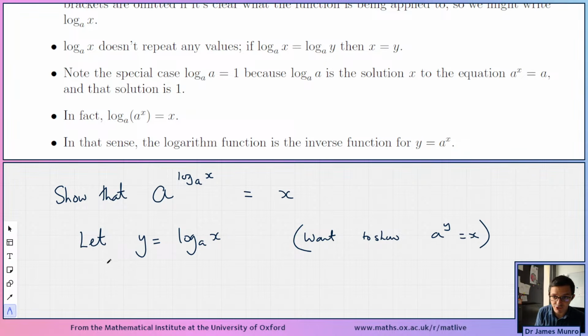So if this is true, the next thing I can write down is that this means a to the y is equal to x. That's just what the logarithm means.